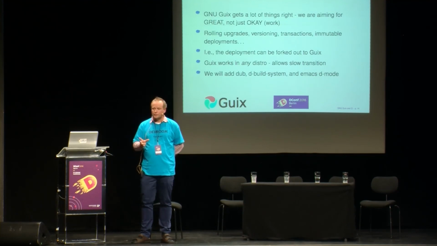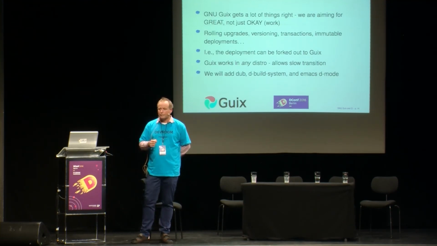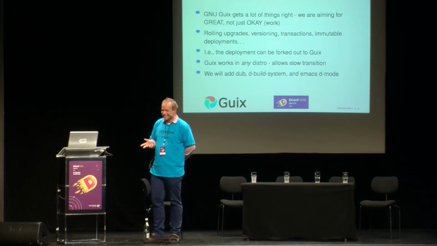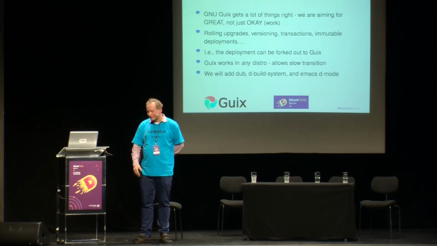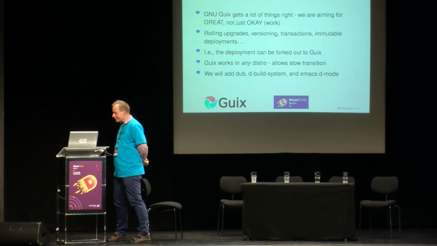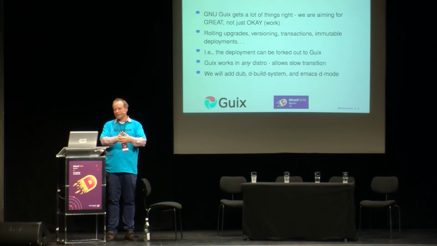Nix created its own domain-specific language for packaging, and my brain is too small to really grasp it. I tried. I built a lot of packages also in Nix. Then when Ludovic created a front end in Guile, in Lisp, and he showed us what it looked like, I was just immediately sold.